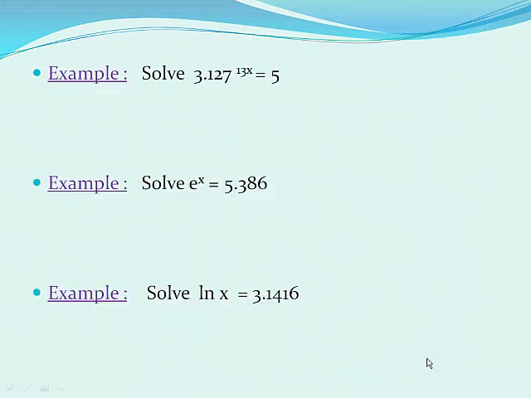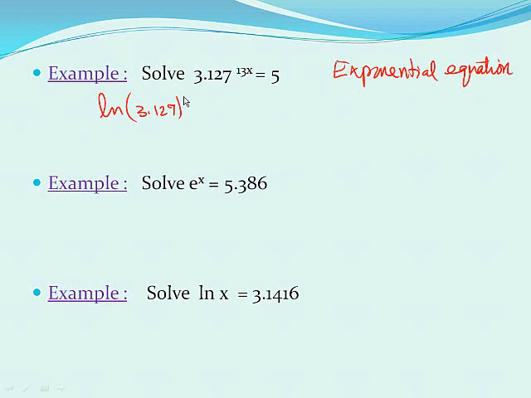Few more examples. Solve 3.127 to the power 13x equal to 5. This is an exponential form, and we are going to write the logarithmic form of that. So natural log of 3.127 to the power 13x will be equal to natural log of 5.